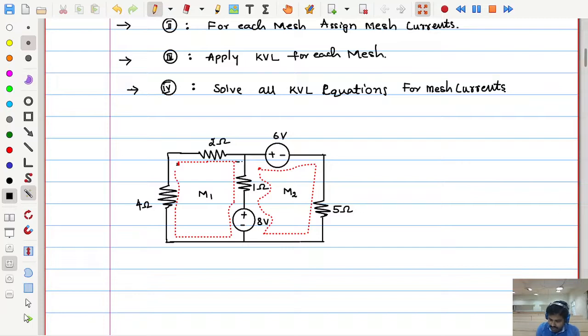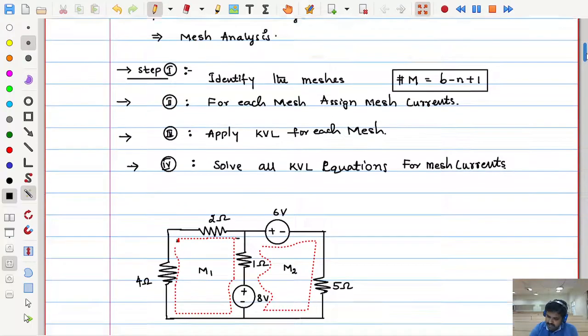If I move straight away like this, I am crossing this element, so we should not cross in that way. You might just assume that it is a wall which prevents you from going away. So we should not jump over those walls; we should just walk directly beside the walls. So these are the meshes.